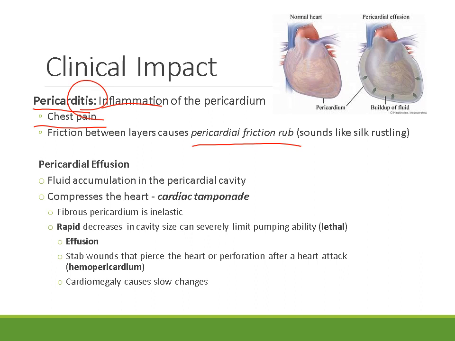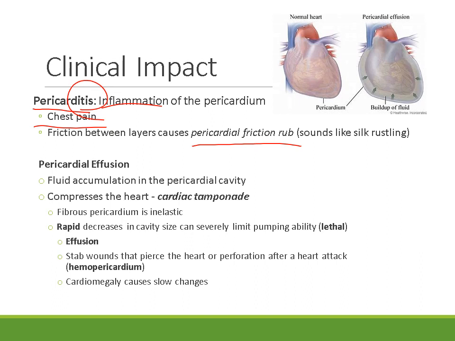It sounds kind of like rustling silk, but that kind of rustling silk rubbing sound is a pericardial friction rub, which is a sign of pericarditis. And then again, if your patient has chest pain that hurts worse when they lay down and breathe, and feels better when they sit and lean forward, these are all signs of pericarditis. And then again, also referred pain to the shoulder.